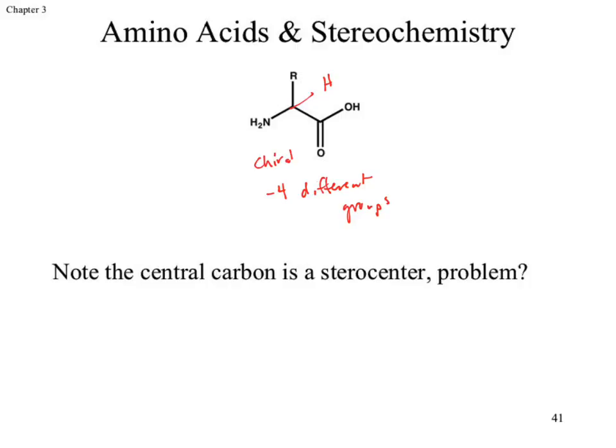And so this is one of the reasons potentially why I didn't like biochem, is that you then have to remember which form was the correct form. Is it the one where the hydrogen is wedged and the R group is dashed? Or is it the other one? Because it makes a difference.